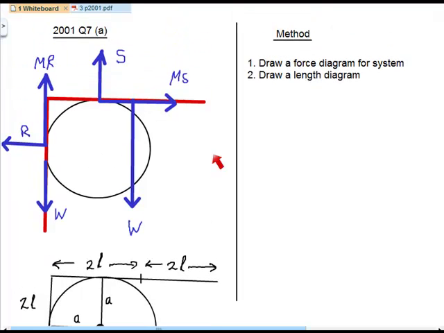So that's our first two steps. Next, again always the same, is our three conditions for equilibrium. If this object is in equilibrium, equilibrium means three things. Number 1, the forces up equal the forces down. Number 2, the forces left equal the forces right.